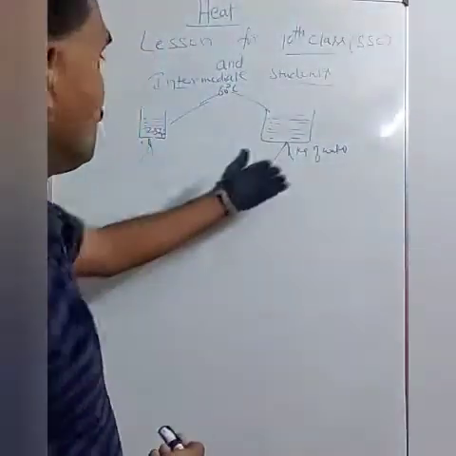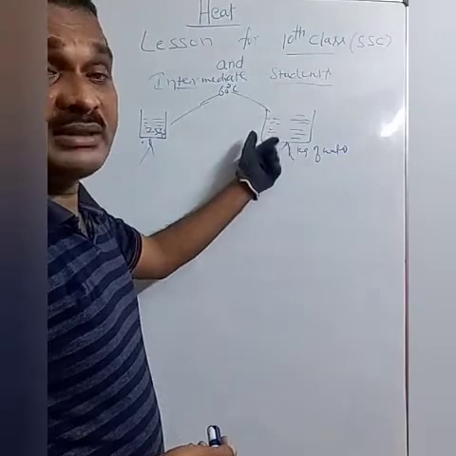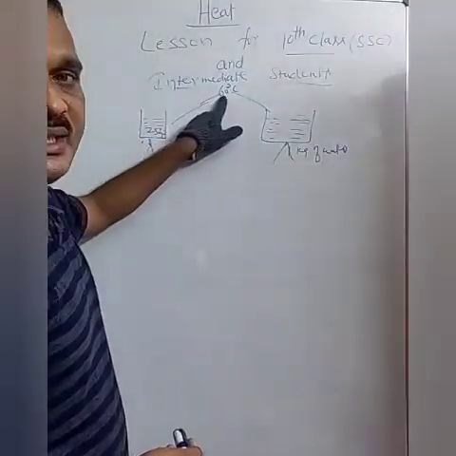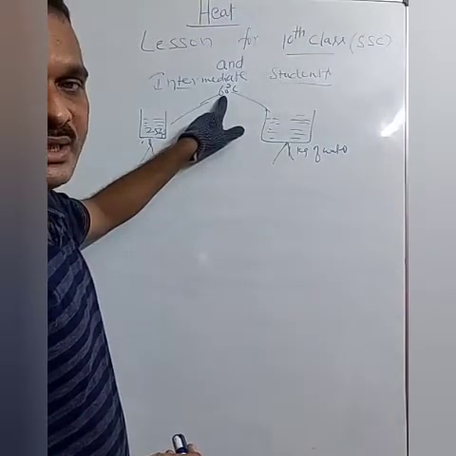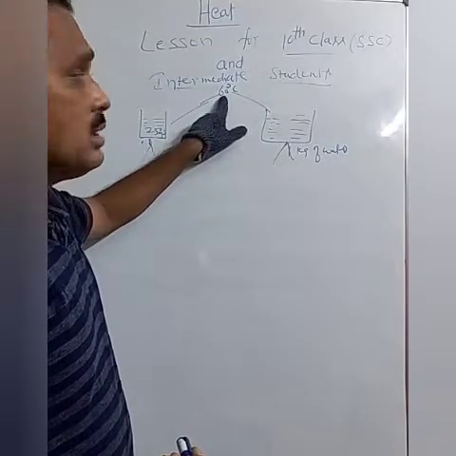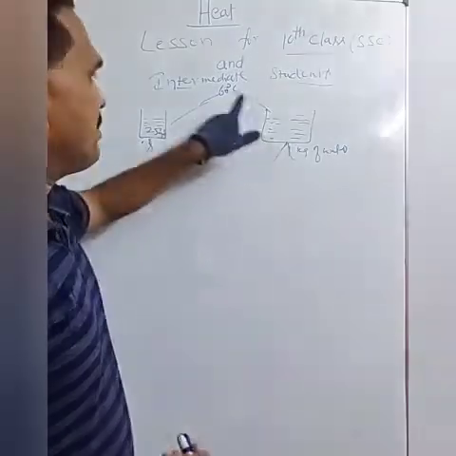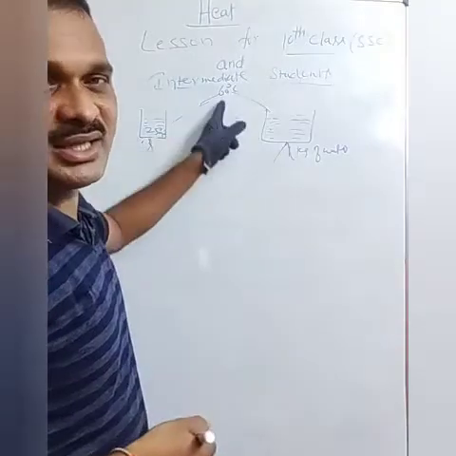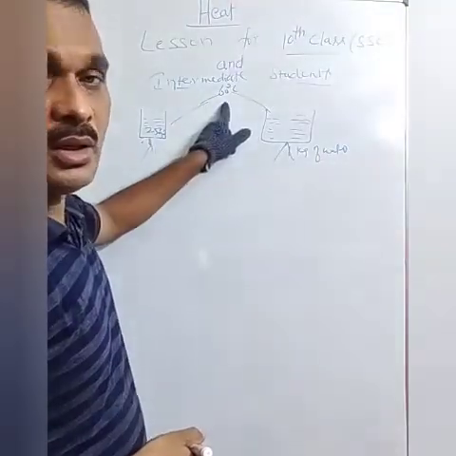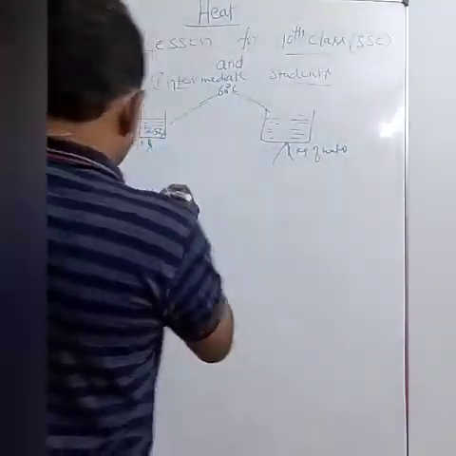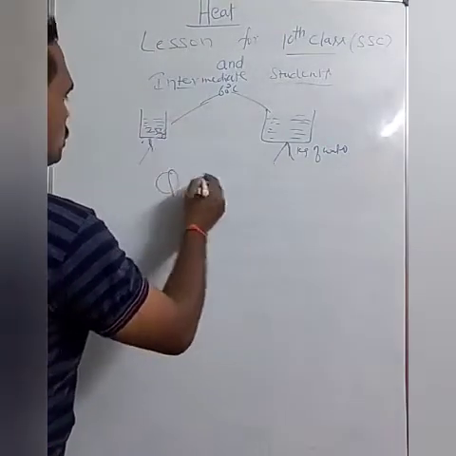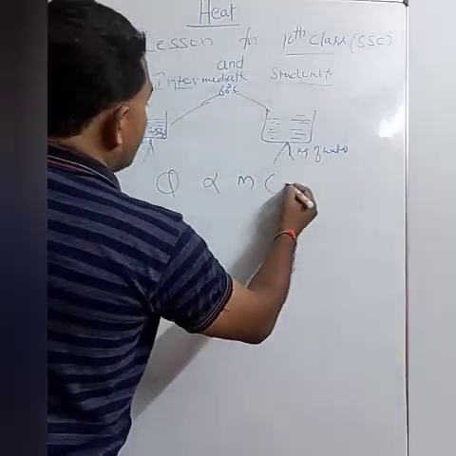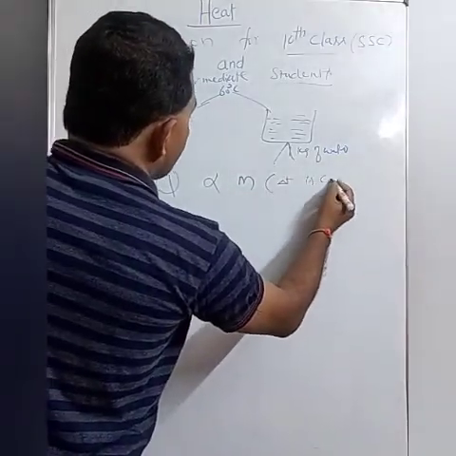This beaker has more mass, so we have to give more heat to attain the constant temperature of 60 degrees. For this more mass, Q is directly proportional to mass when temperature is constant. The change in temperature, 60 degrees, is the same. So Q, the heat, is directly proportional to mass when the change in temperature is constant.